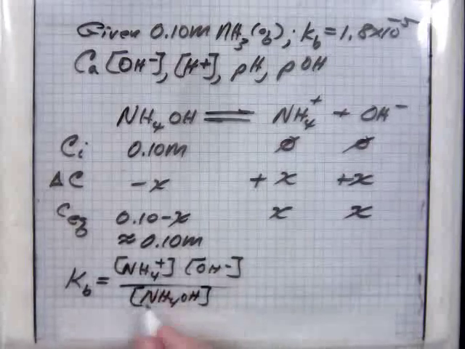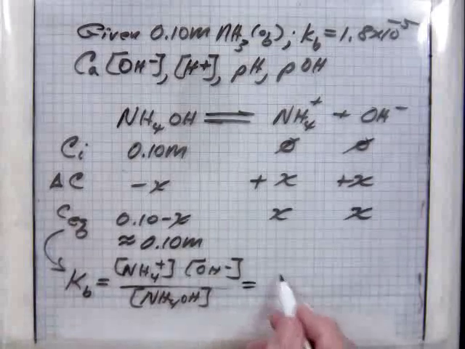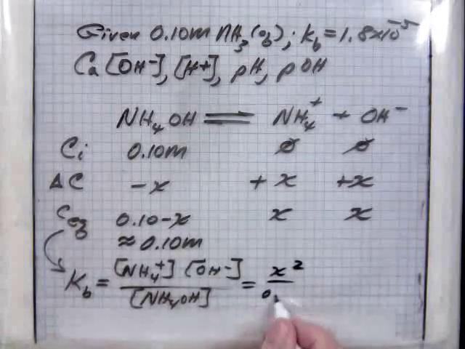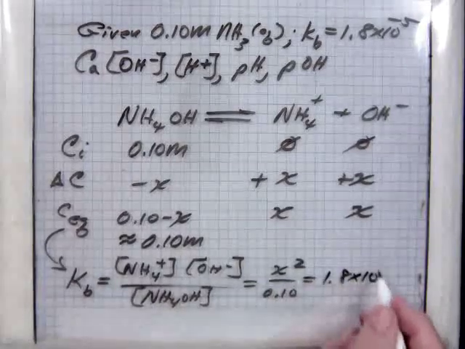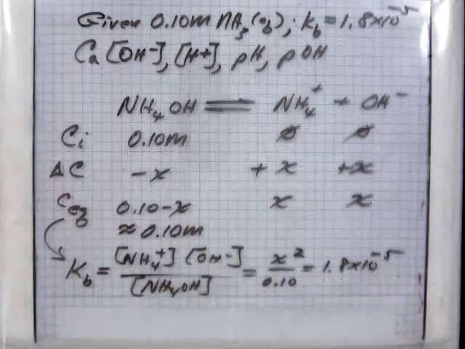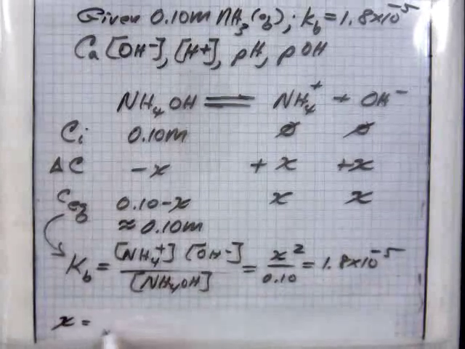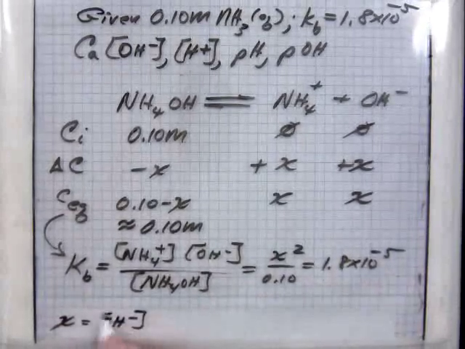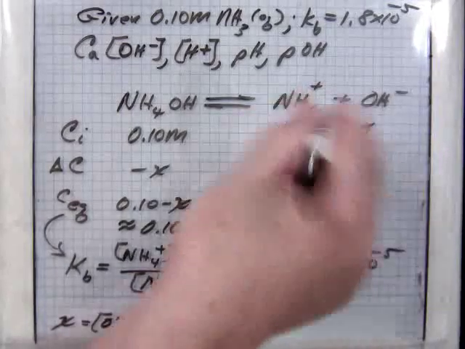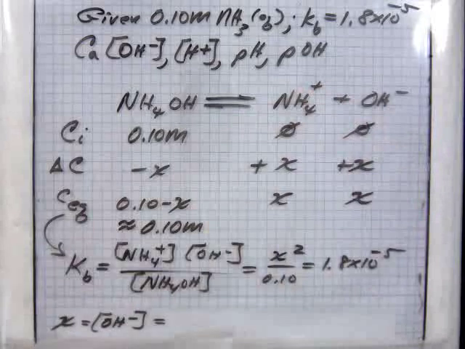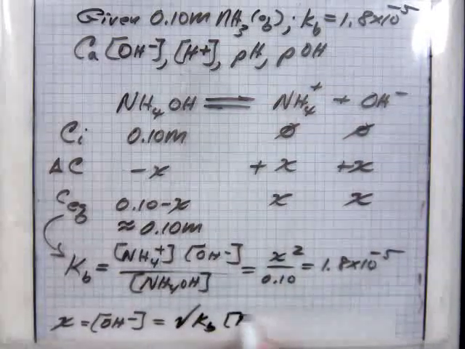And then substitute your equilibrium row into your Kb expression, and that'll give you x squared over 0.10 equal to 1.8 times 10 to the minus 5. And of course, solving for the x will give you the hydroxide ion concentration as well as the ammonium ion, which is not going to affect the pH or anything. It is the square root of the Kb times the base concentration.